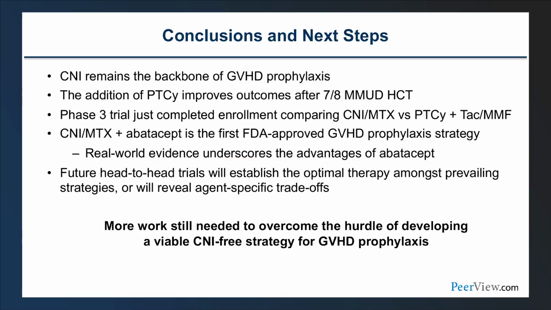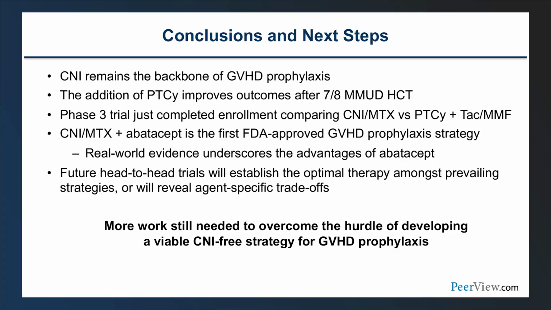And with that, I'll conclude to remind everybody that CNI remains the backbone of GVHD prophylaxis. The addition of PTCY improves outcomes after 7 out of 8 transplant. And there's a phase 3 trial just completed for 8 out of 8s comparing CNI methotrexate versus PTCY TAC MMF.